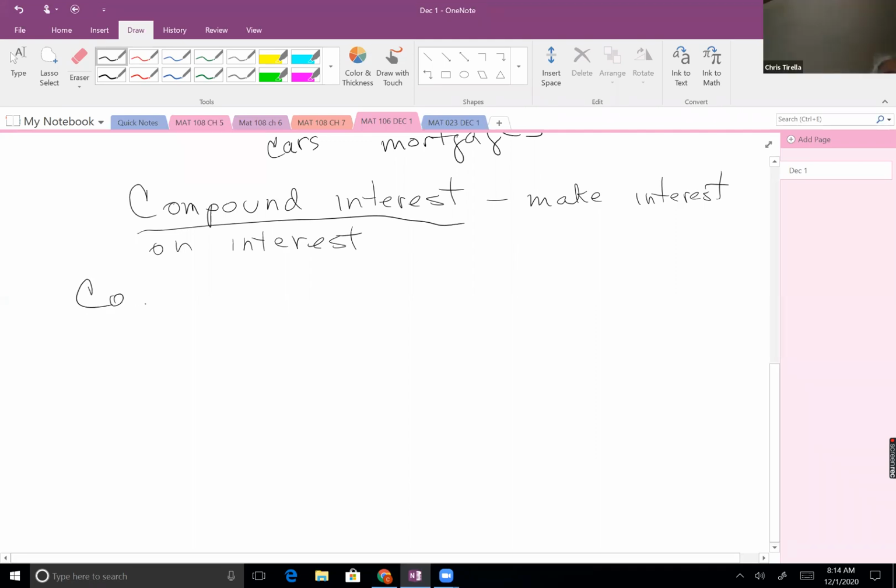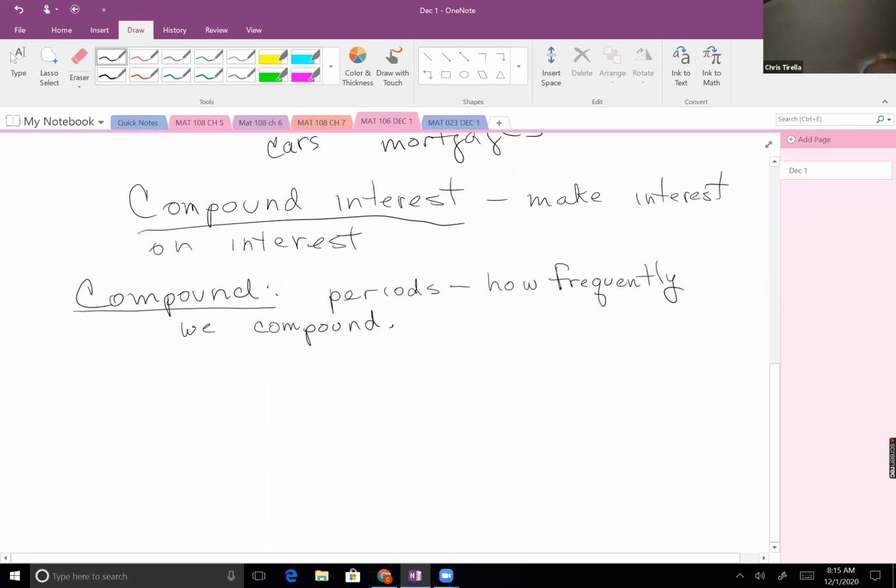When we compound, we look at different periods, which tells us how frequently we compound. When we look at the formula for compound interest, we introduce a new variable, n, which is the number of compounds in 1 year.